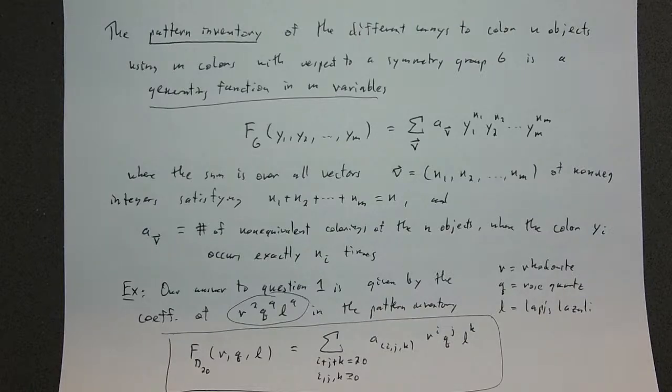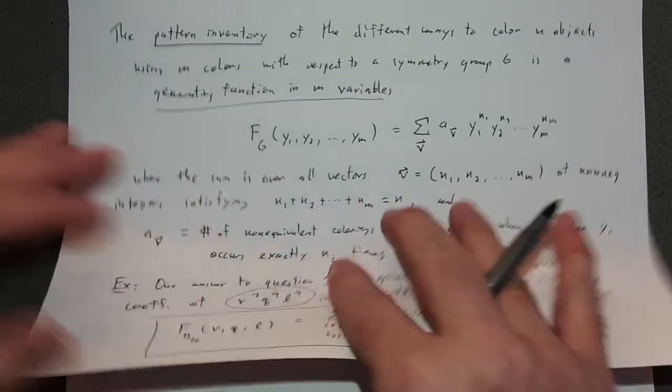So this is what I need to compute. Now, of course, you look at this and you say, oh my God, that's really, really nasty. So how do I have hope to go about computing this in a way that is reasonable? So Polya noticed the following.